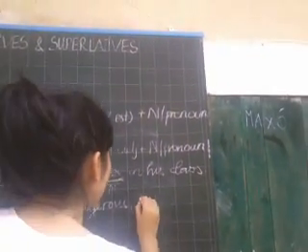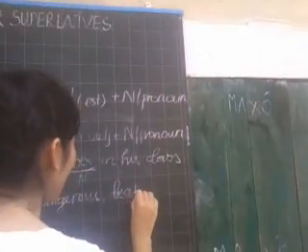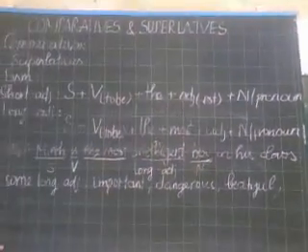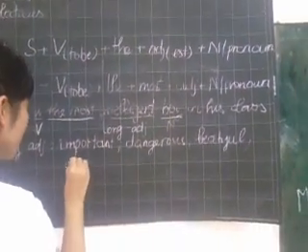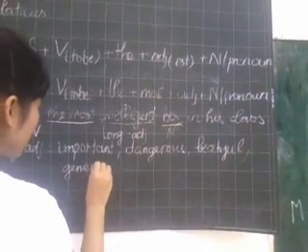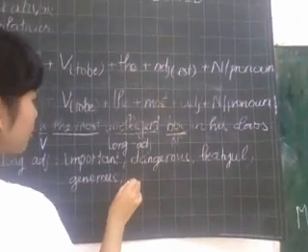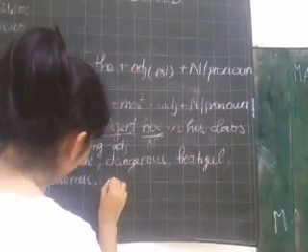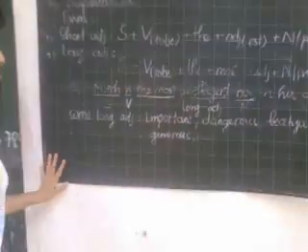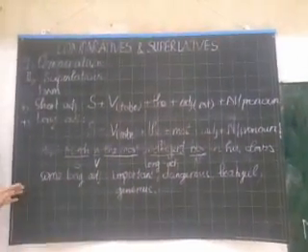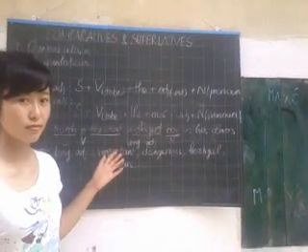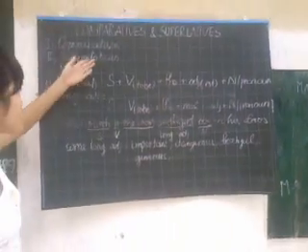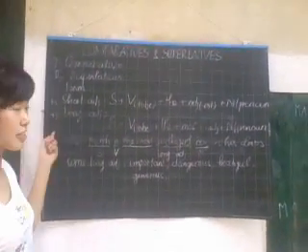Beautiful. Generous. What else? And so on. Okay, this is the form of superlative with short and long adjectives.